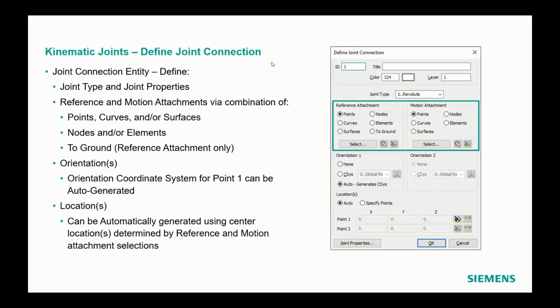If you're defining a joint connection, this is a little bit more in-depth, but you can see you have a selection box for the reference and the motion attachment, and then these follow points, curves, surfaces, elements, nodes to ground. There's really a wide variety of things that you can select for that side of the joint. So it's really helpful if your geometry is attached to a solid, because you can just select the surface or surfaces that you're interested in.